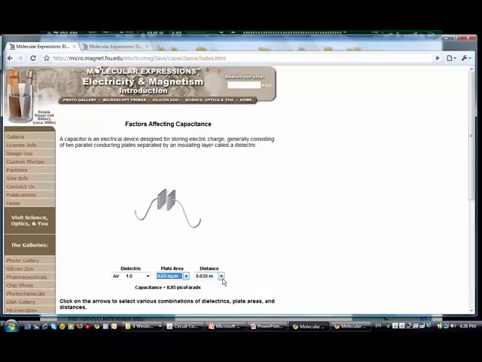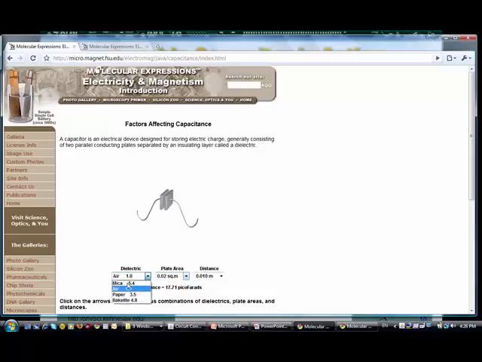Okay, the other thing I can do, I can change the distance. I have 0.02, so if I double the distance, the capacitance should halve, 17.71. Now the other thing I can do is change the dielectric. Here we have air.